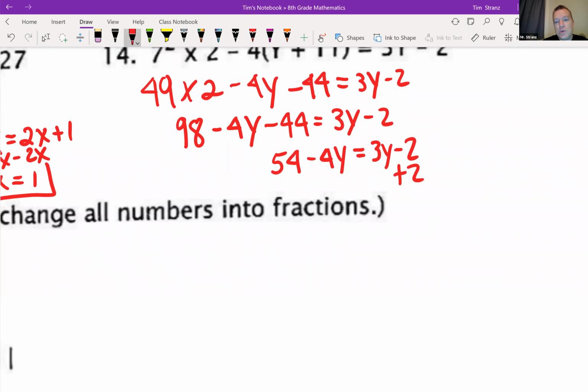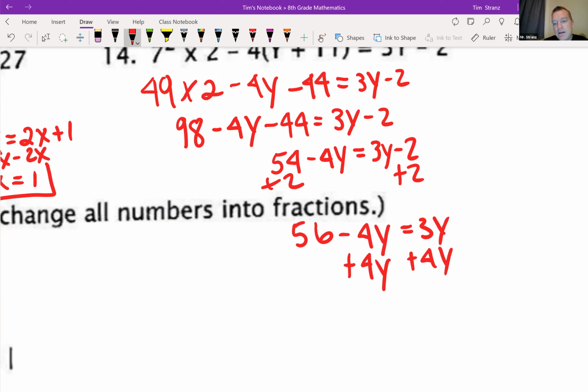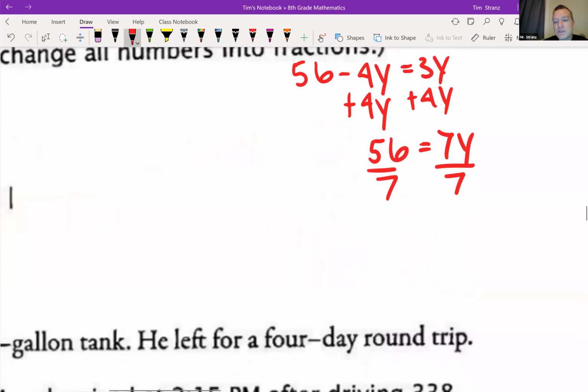Add 2, 56 minus 4y equals 3y. Okay, add 4y, 56 equals 7y, divide by 7, y equals 8.